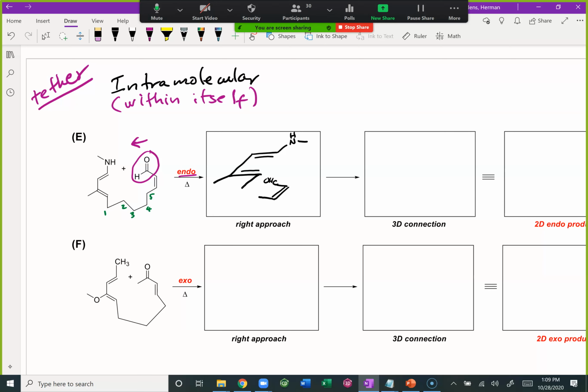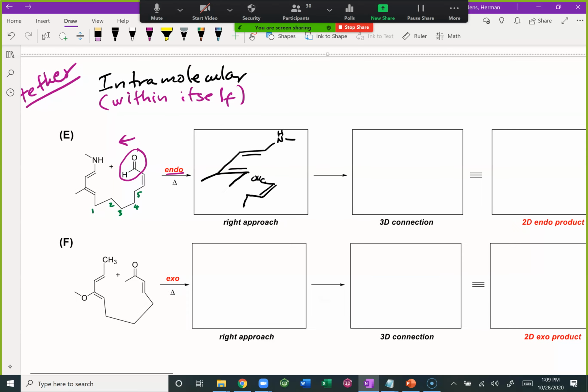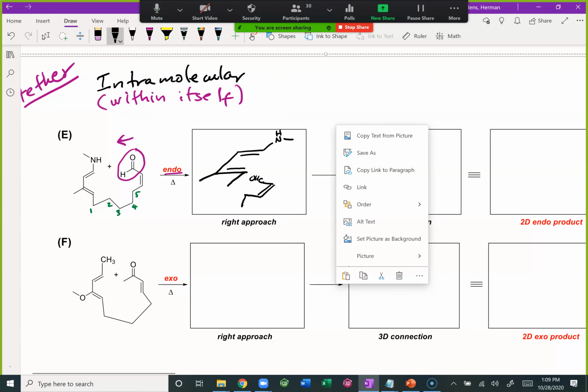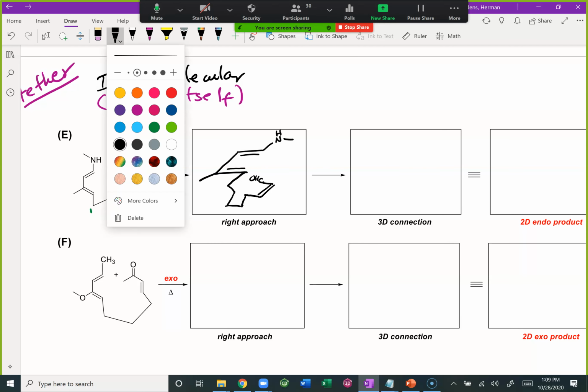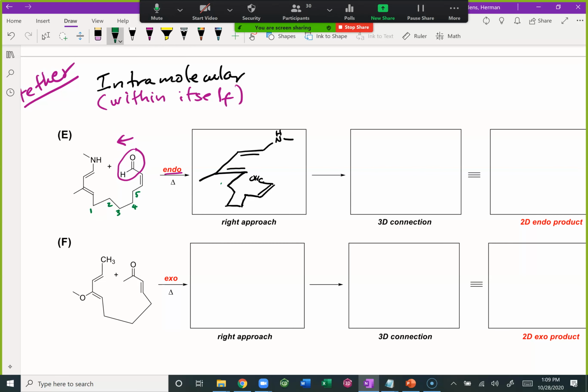So what I'll do is I'll go 1, 2, and maybe 1 here, 3, and then I connect like that. So I'm gonna label them now. So it'll be 1, 2, 3, 4, and 5.